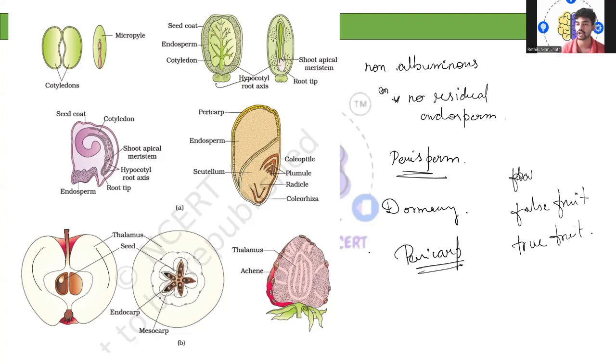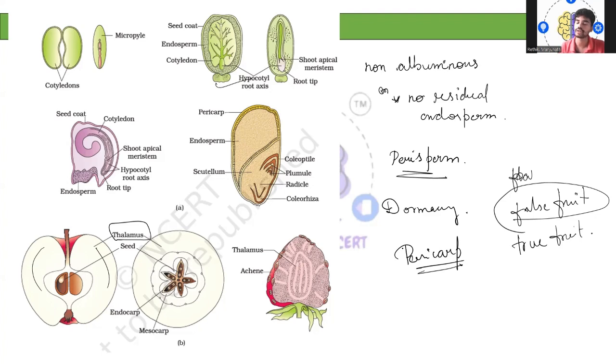Such fruits are called false fruits, where there is thalamus contribution, like in a few species such as apple and strawberry, where the thalamus also contributes in the formation of the fruit. And most fruits, however, develop only from the ovary. They are called true fruits.